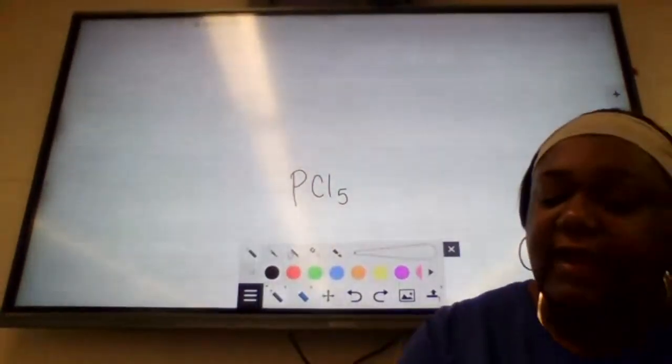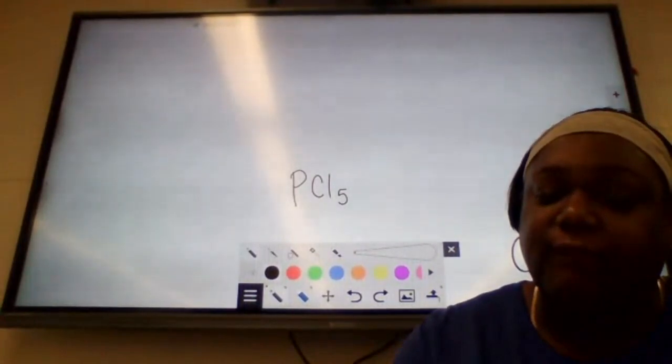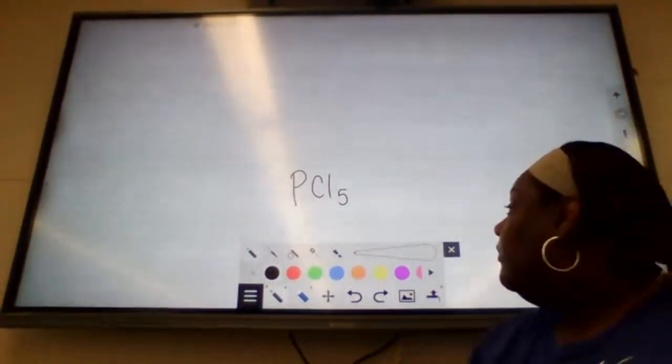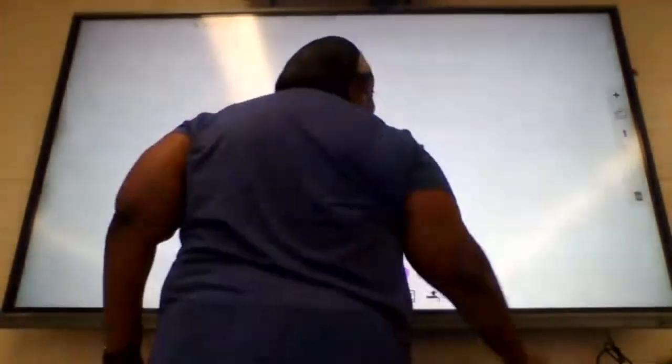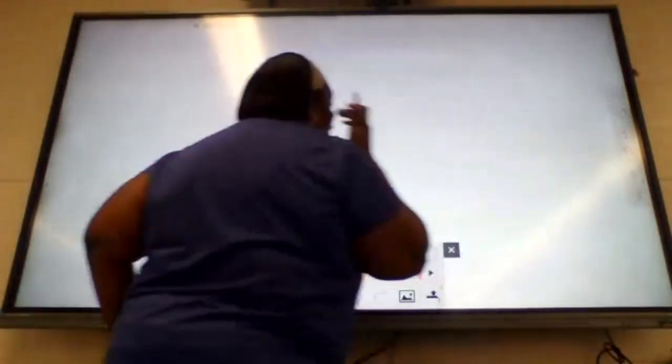Now, let's do an example of formal charge. The very first thing you need to know is, what's the formula to calculate the formal charge?